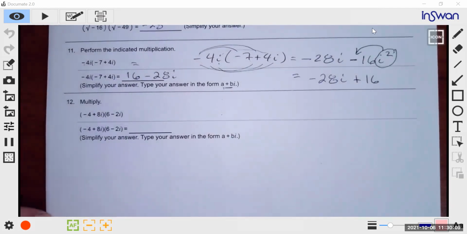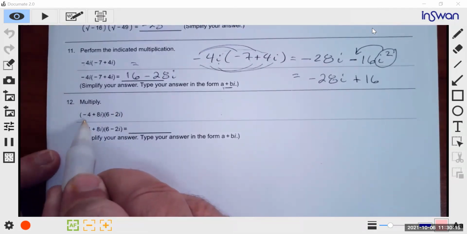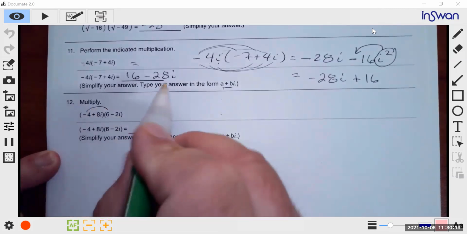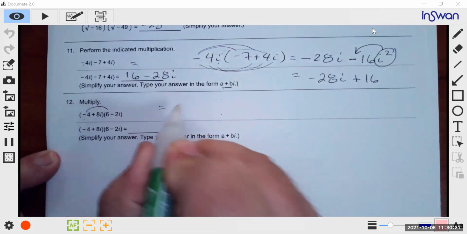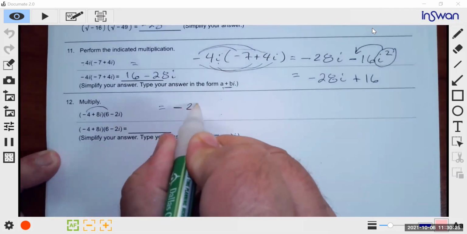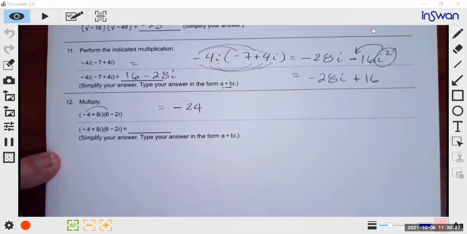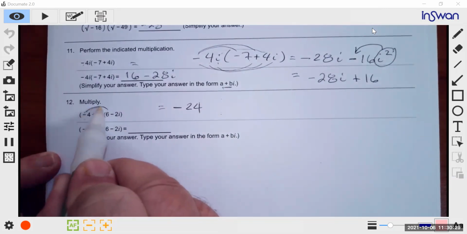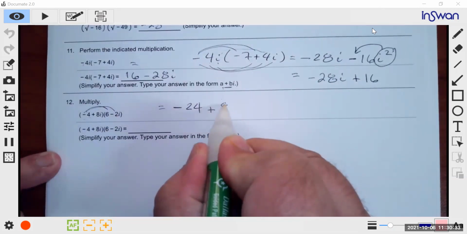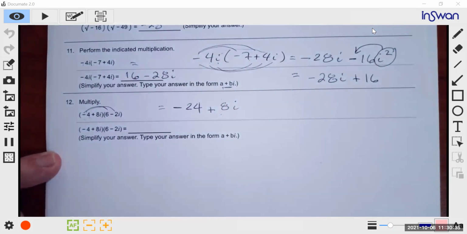And the last one. This is FOILing. So you take the first one, negative 4 times positive 6. Negative times positive is a negative. 6 times 4 is 24. Negative times negative is a positive. 4 times 2 is 8i.